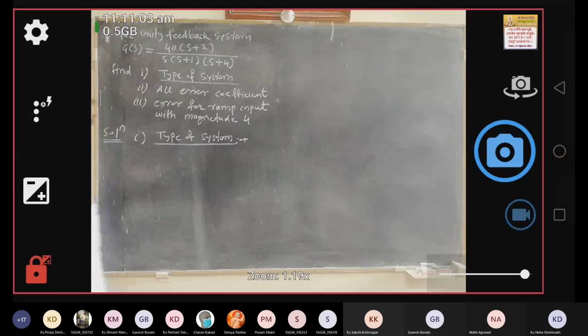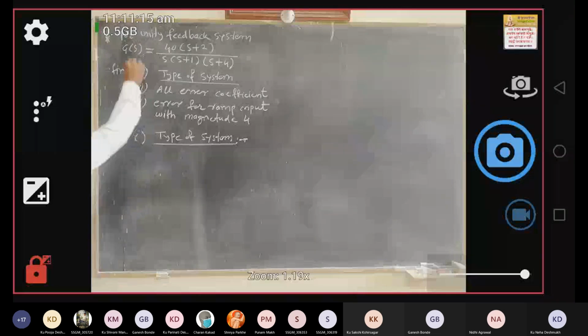Yes, anybody? So first of all, convert your transfer function into the standard time constant form.